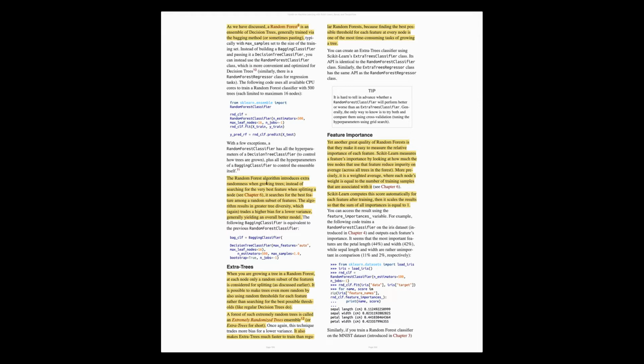This introduces more randomness, and a tendency for the random forest to overfit less compared to a single decision tree. Look at this sentence: instead of searching for the very best feature when splitting a node across all features, it searches for the best feature amongst a random subset of features. This introduces greater tree diversity and trades higher bias for lower variance. Overall, this yields a better model.